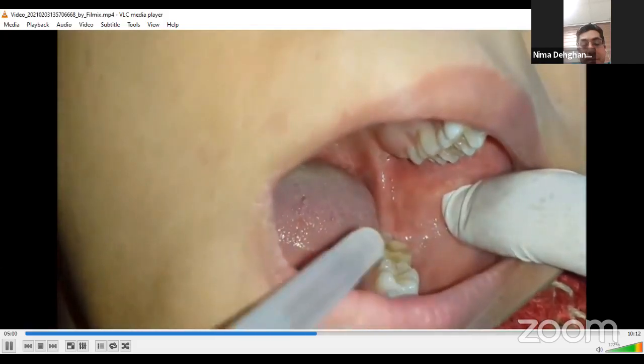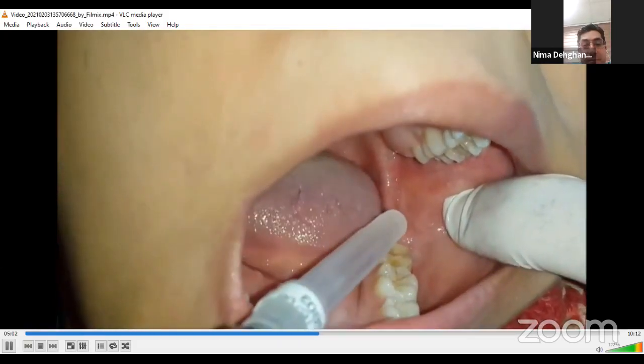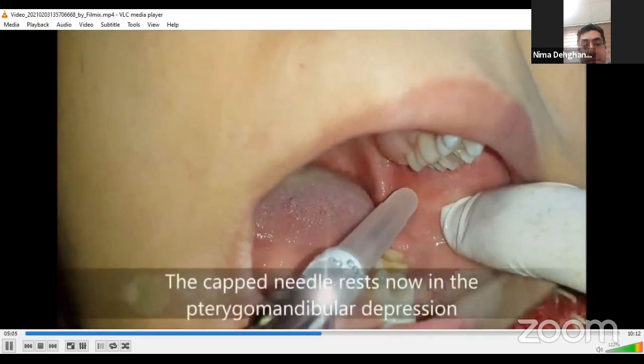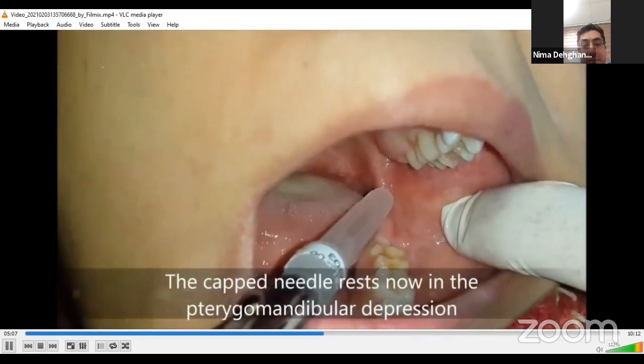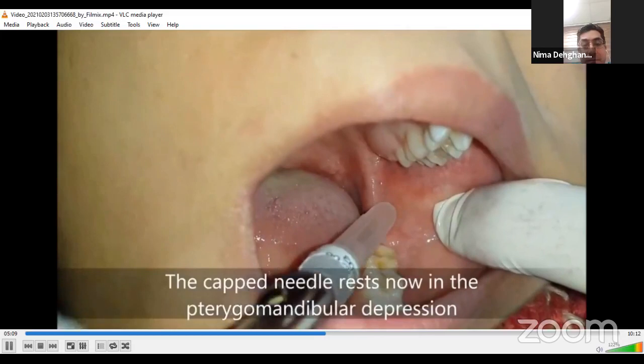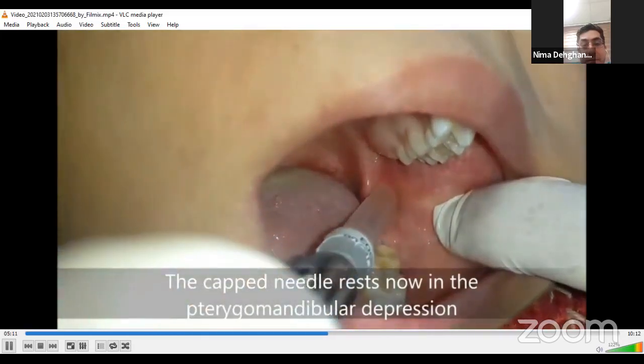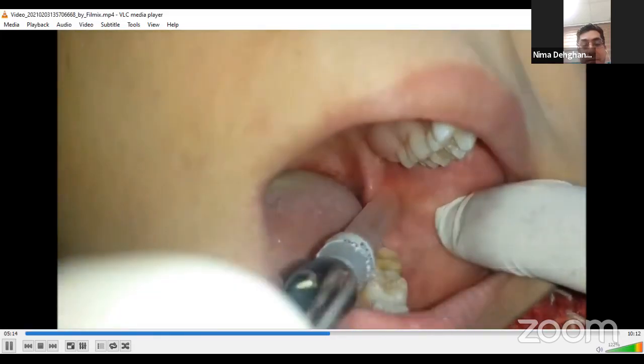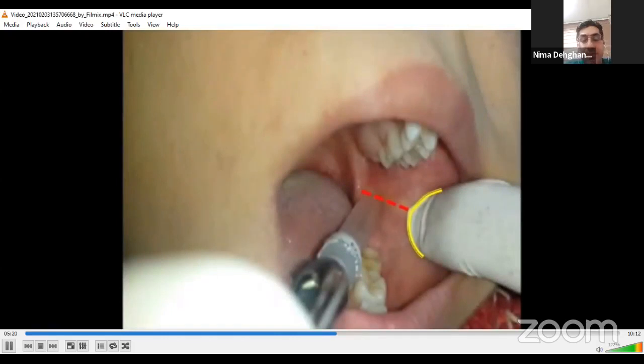Here the capped needle rests now in the pterygomandibular depression. Finally, the entry point for the needle is the intersection of the line between the height of the fingernail tip and the pterygomandibular depression.